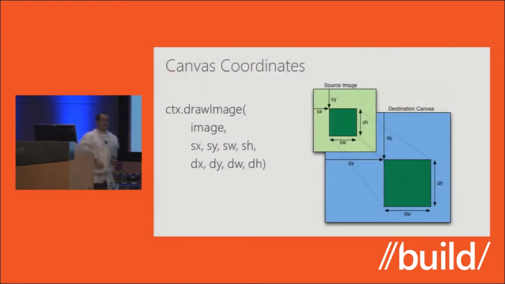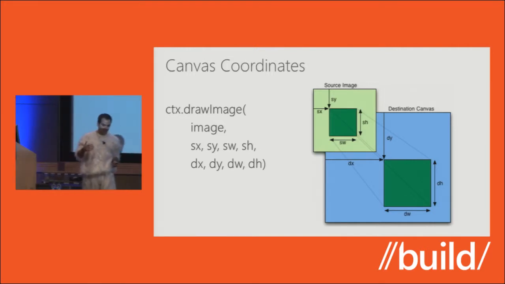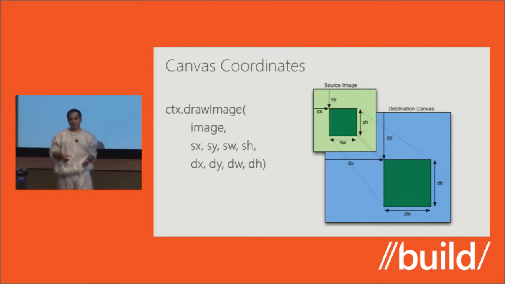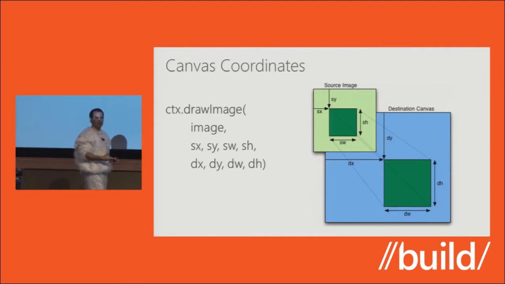Okay, this is one of the overloads of the drawImage function. You saw the basic method is just drawImage with coordinates x, y. This is one of the most complex methods on the canvas that gives you more flexibility.